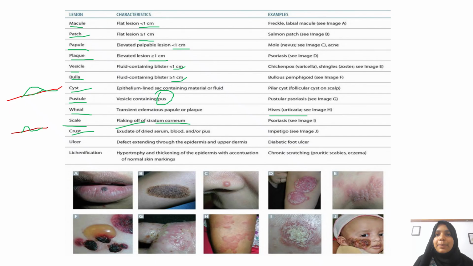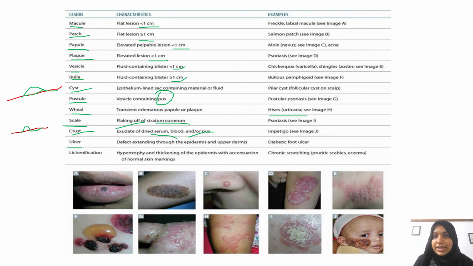Crust is when there is some kind of oozing from a lesion and then it dries off. That oozing can be of dried serum, blood, or even pus, like the honey colored crust characteristically described in bullous impetigo, which is a bacterial infection.